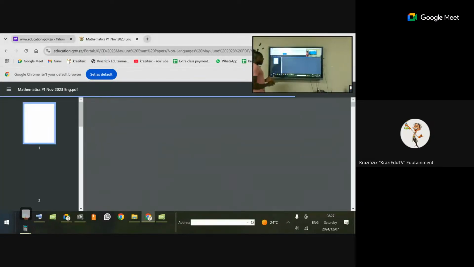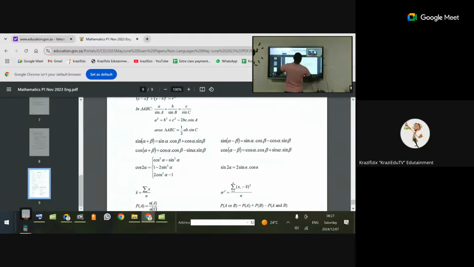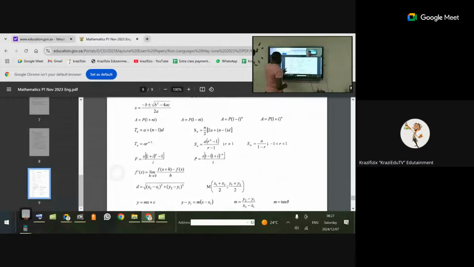The same formula page that you're going to have in maths paper 1 is the same one for maths paper 2. So I'm going to the last. Here we go. Beautiful. And here is your formula page. So let's crop it.